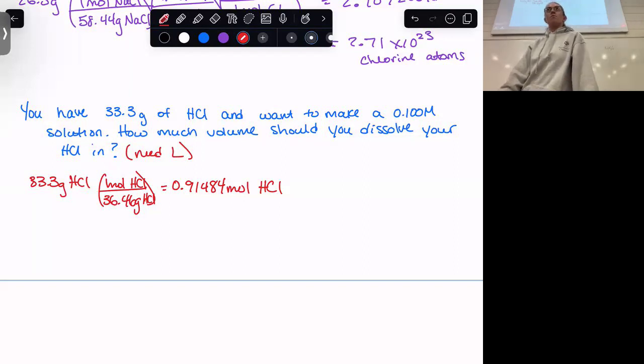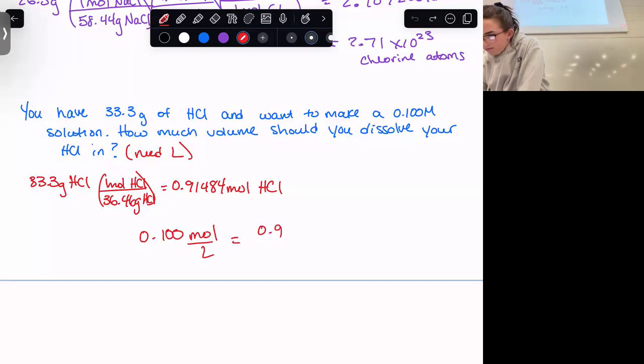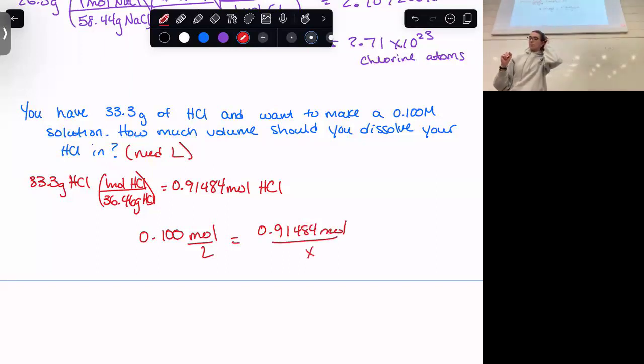Let's check, right? So what are we using? What is molarity again? Moles per liter, right? So we have 0.1 moles per liter is equal to, we know we have 0.91484 moles over X. So you can cross multiply and then divide.